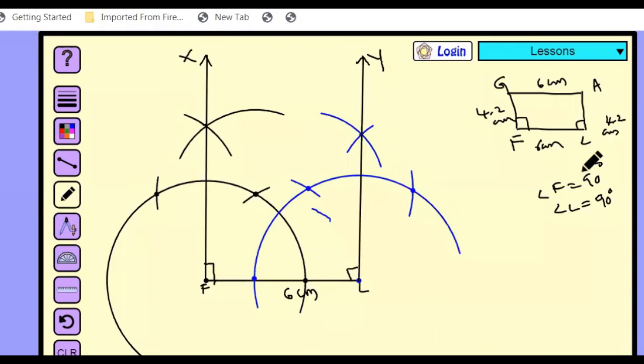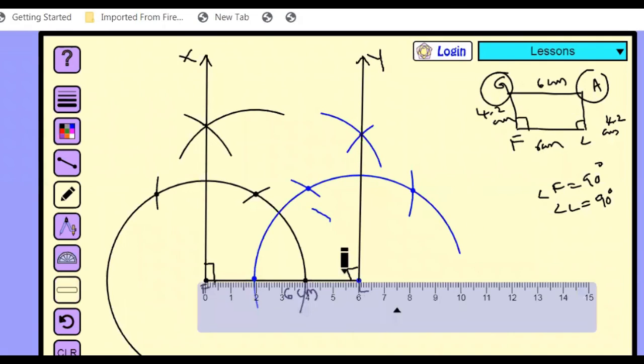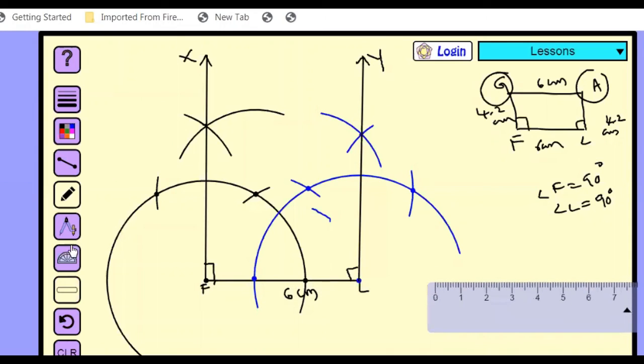Now we are going to locate the points G and A on these rays. So for that you should take the compass radius as 4.2 centimeters. Why? Because FG length is 4.2 centimeters and LA is also 4.2 centimeters. So take the compass and ruler.